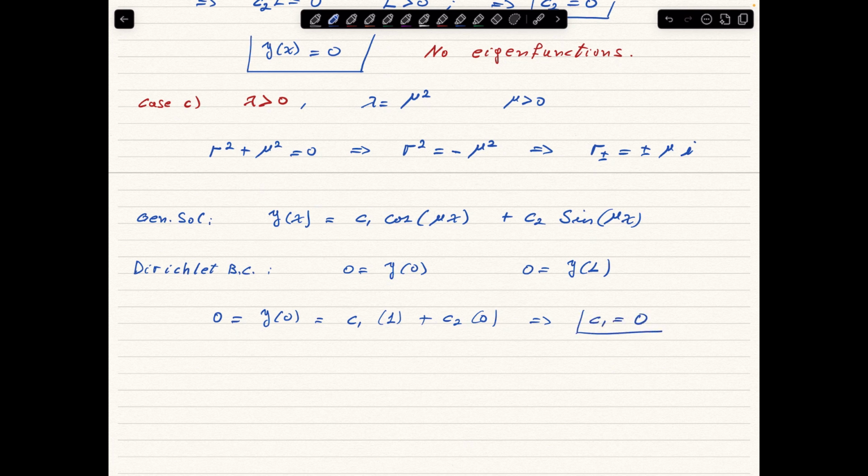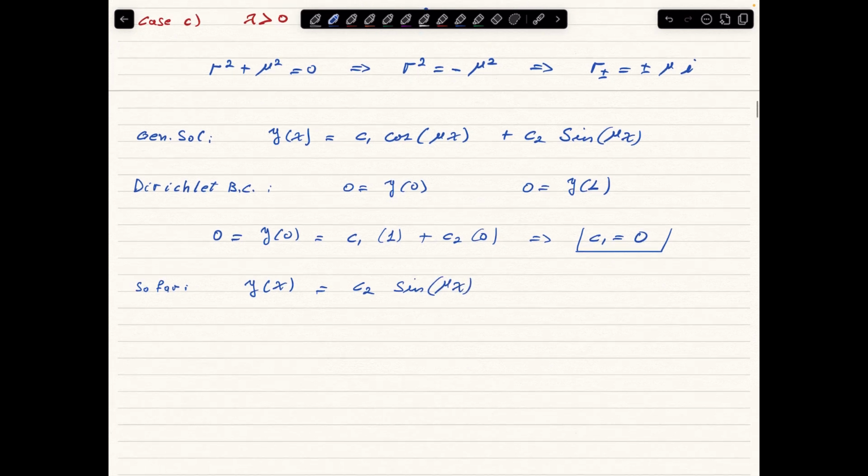At this point we are going to put this condition into the solution, and then we have that so far, with one condition imposed, this term is not here, so we have only C2 sine of mu x.